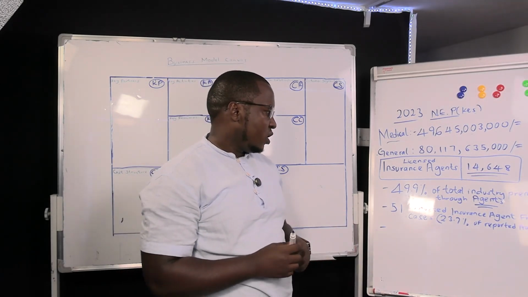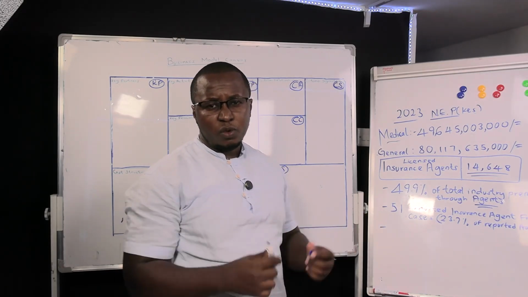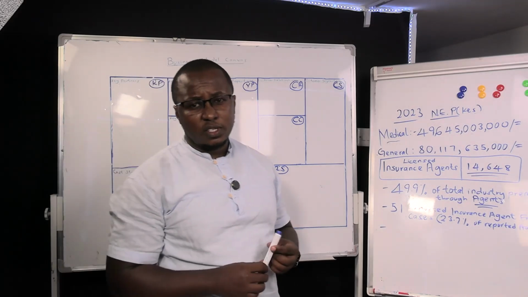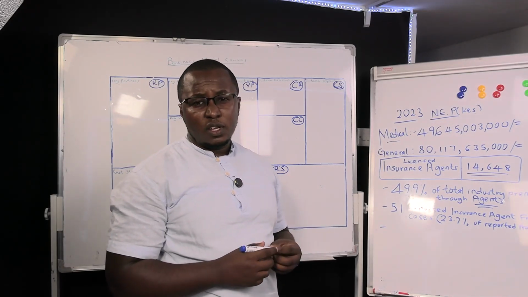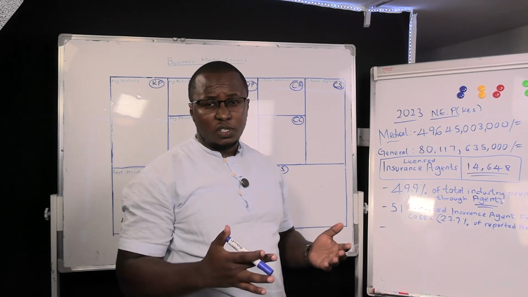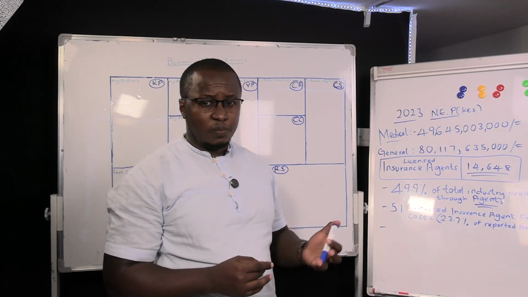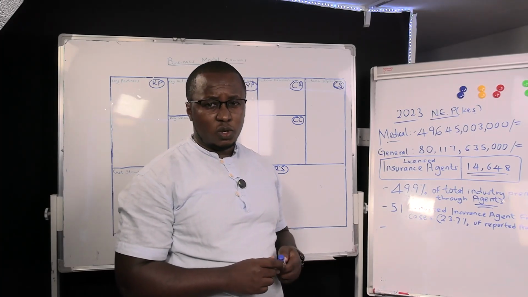We also need to note what percentage of the industry premiums actually come from insurance agents. This is a key statistic in proving that individuals and organizations purchasing insurance within the Kenyan market are willing to purchase insurance through an intermediary who is an insurance agent.